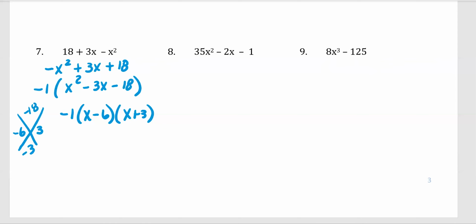Number 8. We can factor this using the AC method. We can take 35 times -1. We need the factors of -35 that add to -2. And we can factor by grouping.